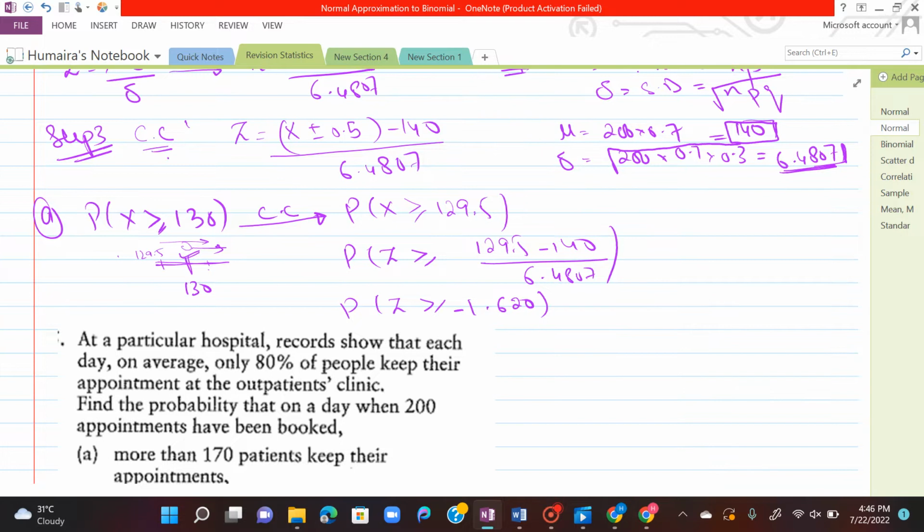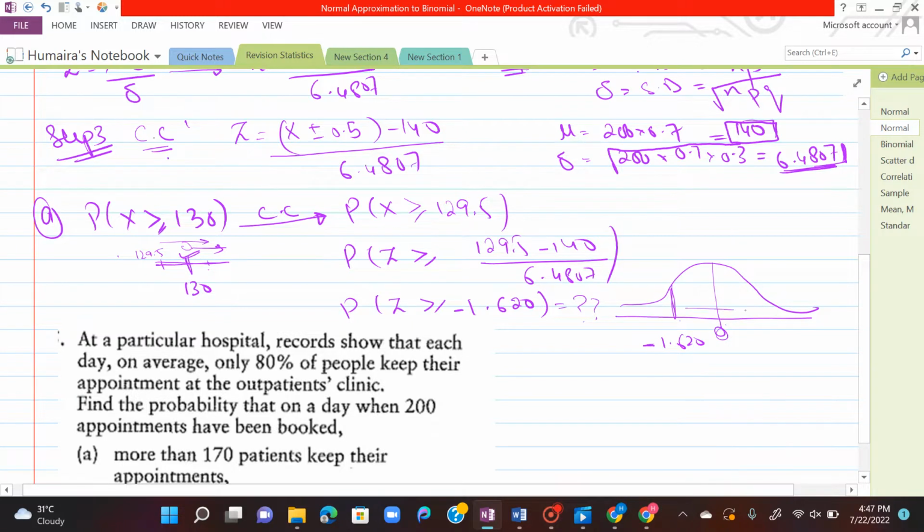And what is that? You know that you need to find out the area. If I draw it like this, this is a z value given, and for that z value I want the probability area. So minus 1.62 is definitely on the left side of 0. What area do I need?